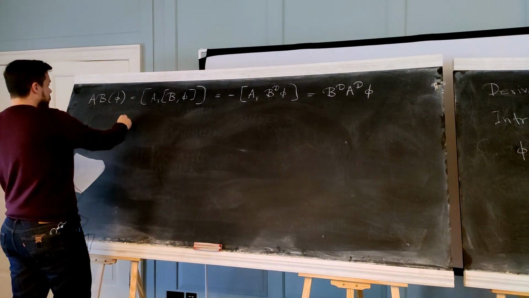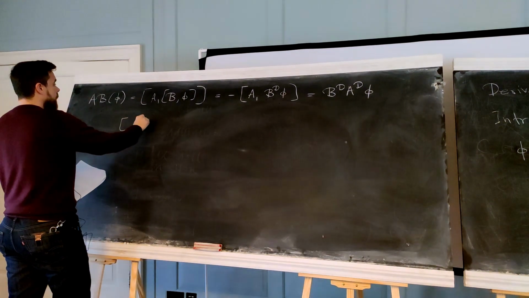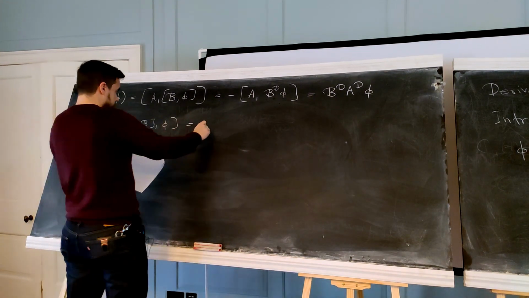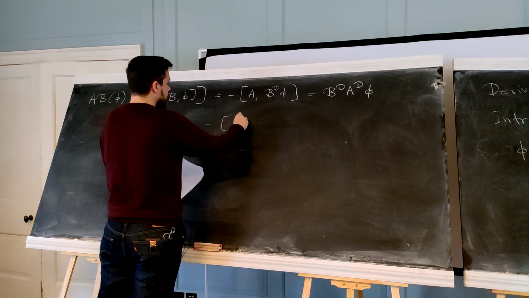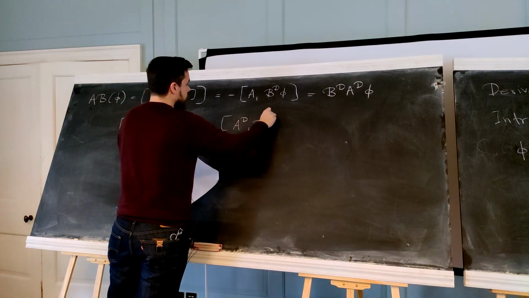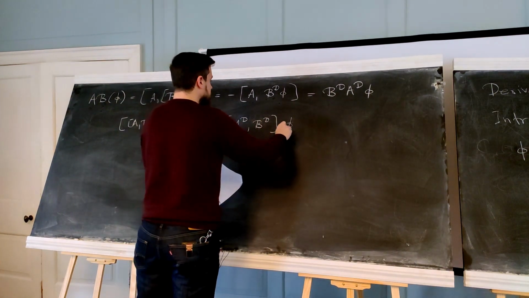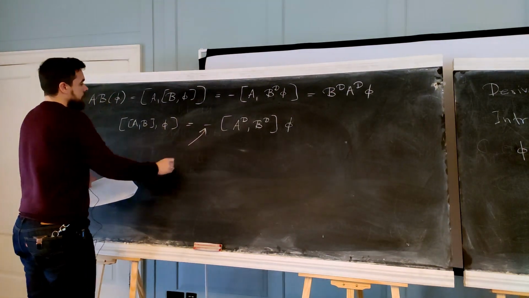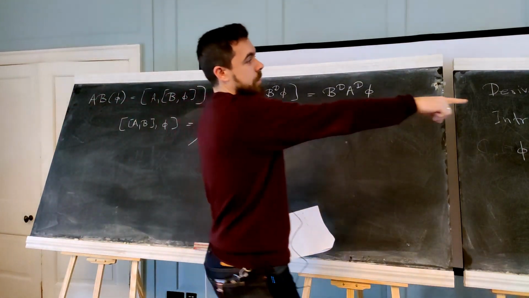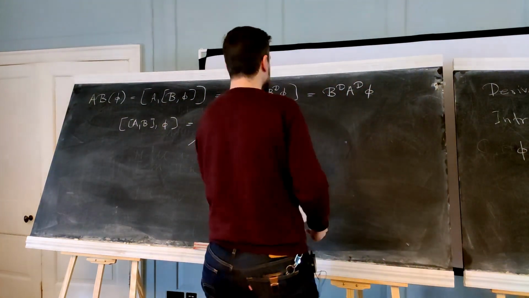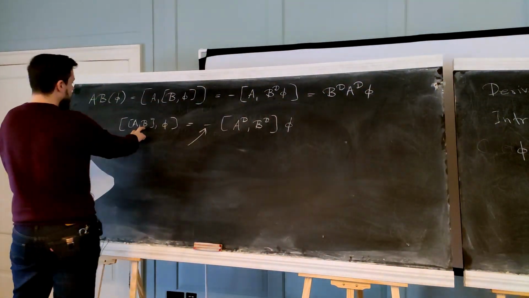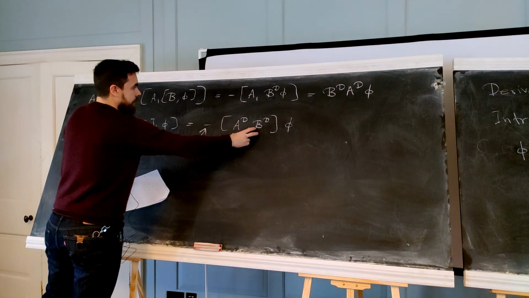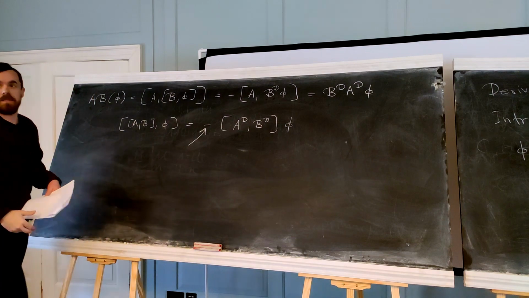So if I look at the commutator of the abstract operators A, B, this is equal to this, and this minus sign is consistent with that minus sign over there, okay? You can call the commutator of A and B some other operator C, and then the differential representation of C, you would want to be the same commutator, and then you're forced to have the minus sign.